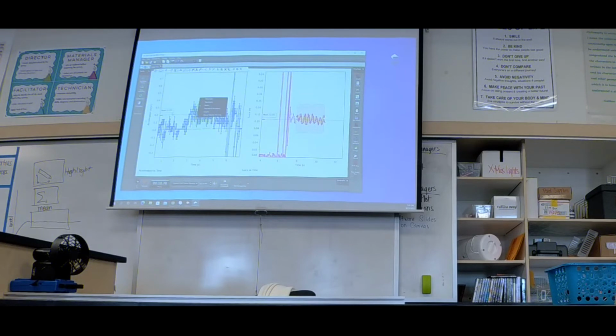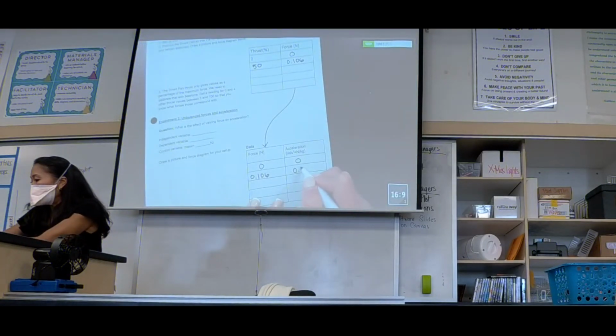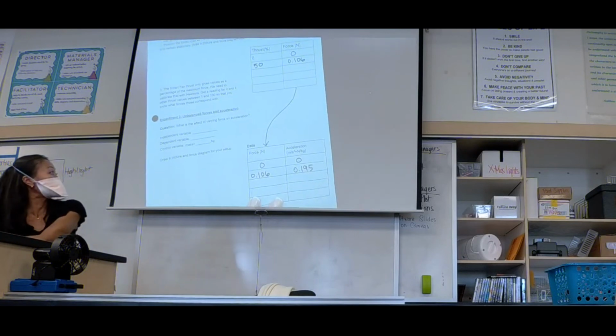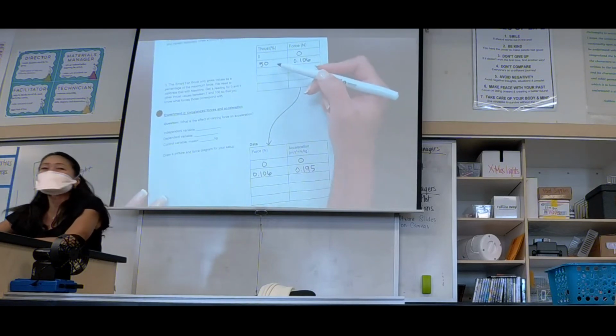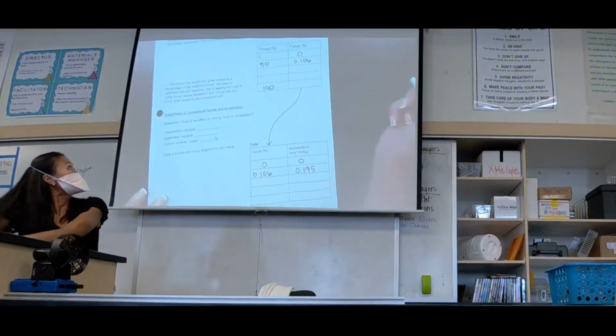Okay. My tech managers, you're going to do this with different types of thrust. So here I had 0.195 acceleration. Your thrust has to be anything greater than 50. It maxes out at 100.